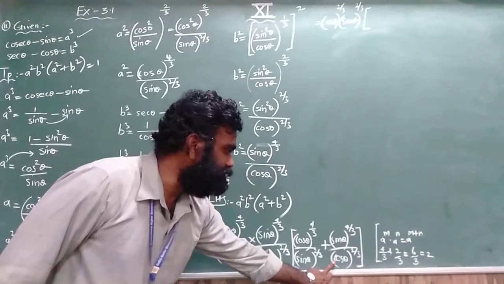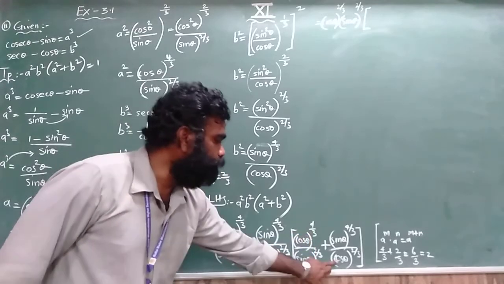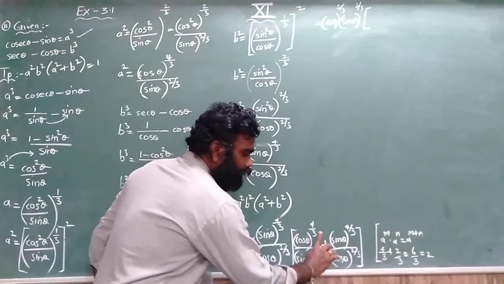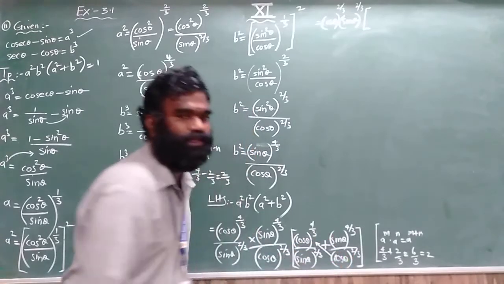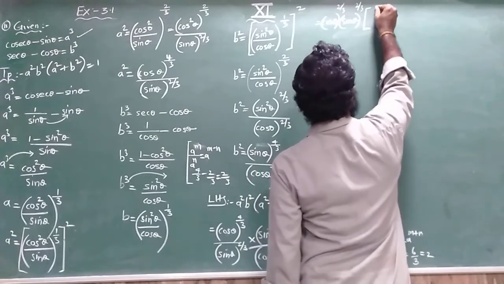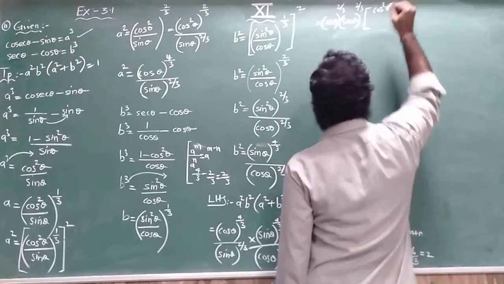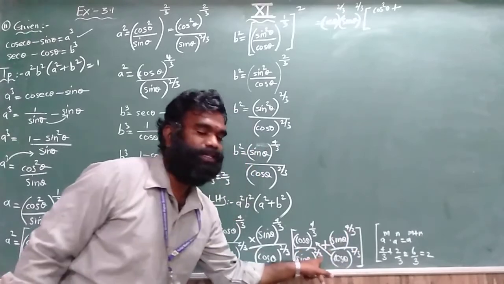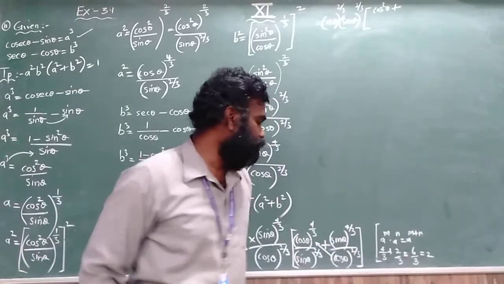So this cos and this cos are going to multiply. Because of cross multiplication, I add the powers of cos: 4/3 plus 2/3 is nothing but 2. I can write cos² θ. Same here also with sin: 4/3 plus 2/3, 6/3, is nothing but 2.